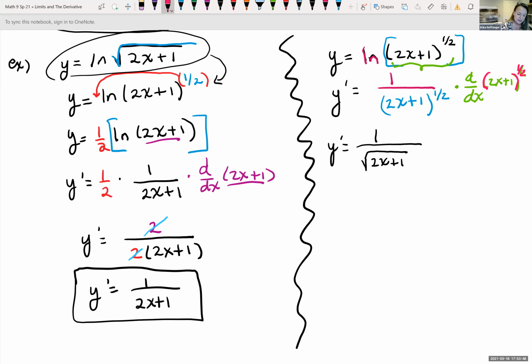And so if I take the derivative of the outer, I would bring down my 1/2 of the inner, which is 2x plus 1, subtract 1 from my outer. So 1/2 minus 1, times the derivative of the inner.